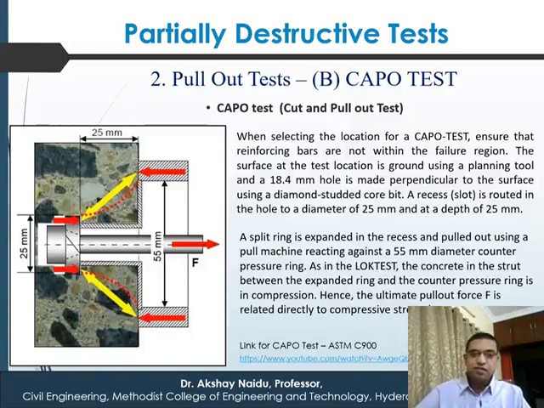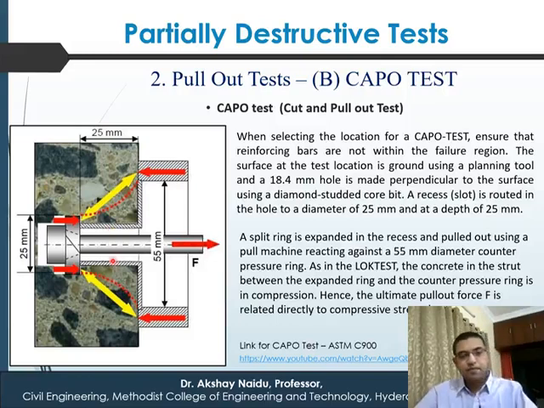So here is the description of the capo test. What happens is, first, for the concrete structure, a hole is drilled. We drill a hole up to 25 centimeter with a small diameter. After this, another drill bit is sent, which expands, the blade expands, and the drill bit cuts this dimension.